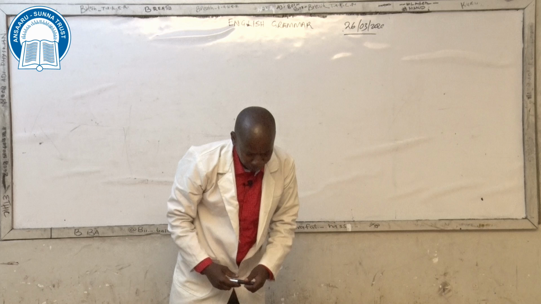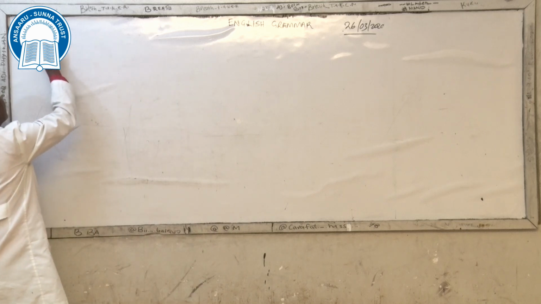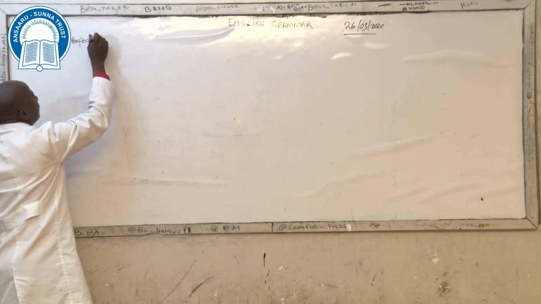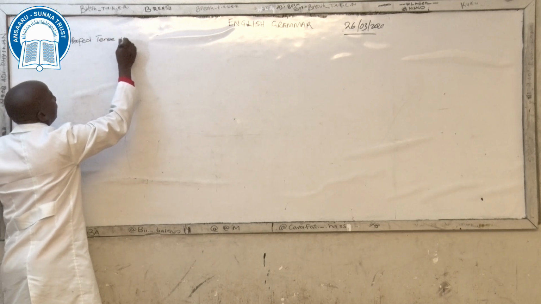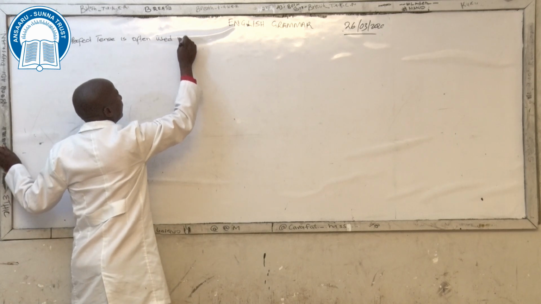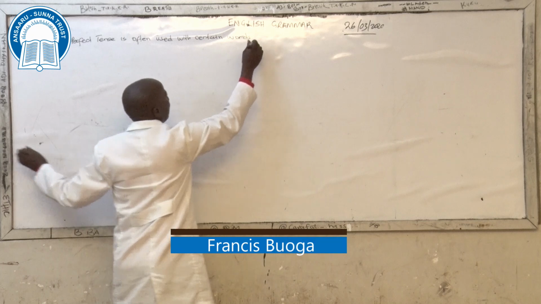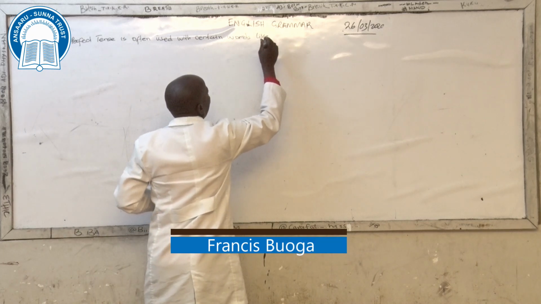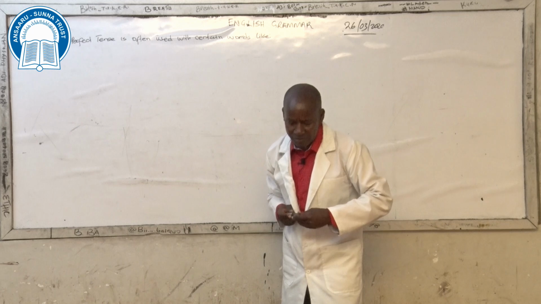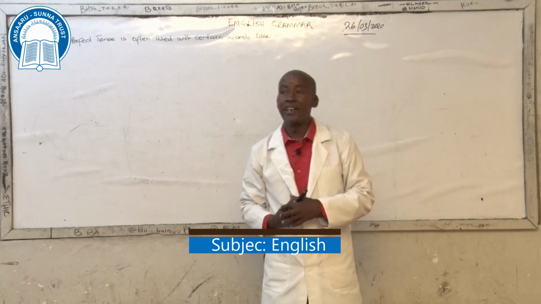So we say that present perfect tense is often used with certain words like just, already, and yet.